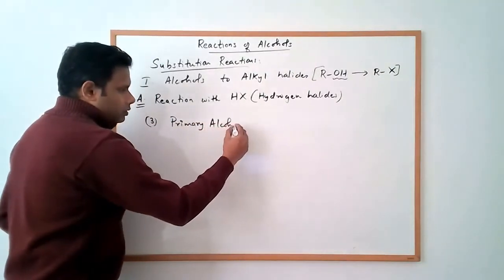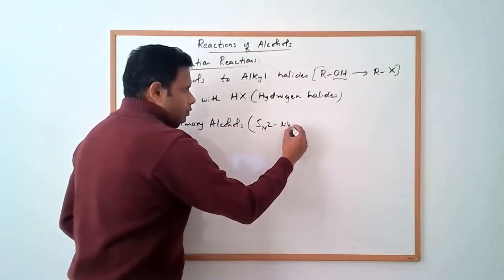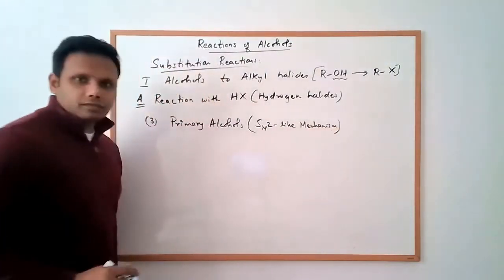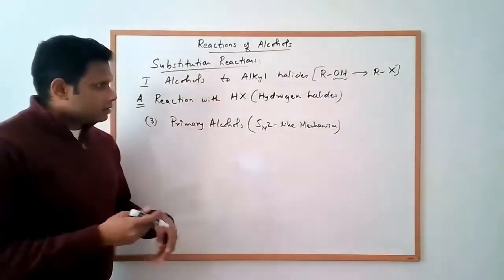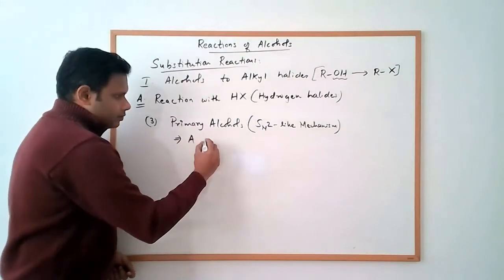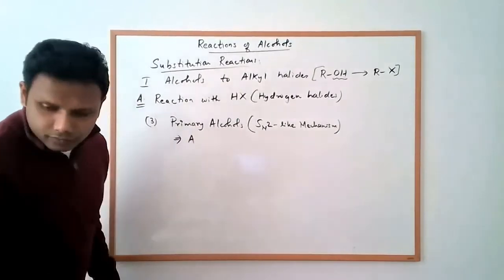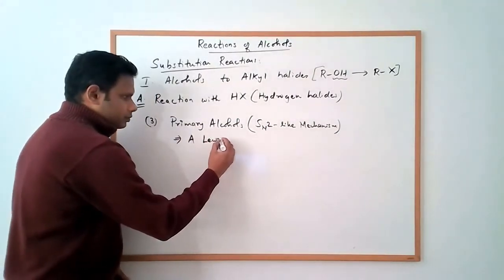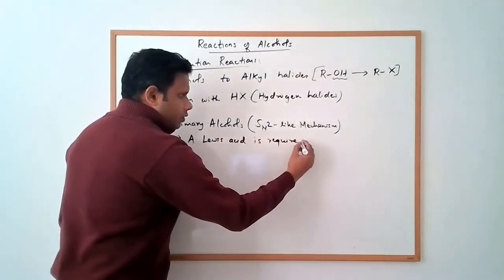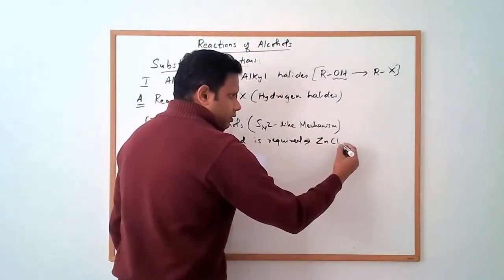Primary alcohols also react by an SN2-like mechanism, but these need a catalyst, actually not a catalyst, a Lewis acid, is required for doing this reaction. An example being zinc chloride.